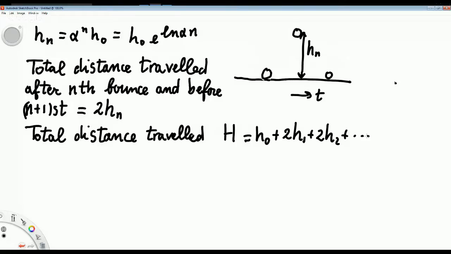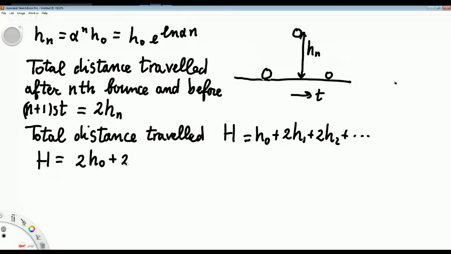Let's look at this and see, well, there's a factor of 2 in basically all the terms up to infinity, except for the very first. Well, we can fix that quite easily by saying that this is given by 2h0.